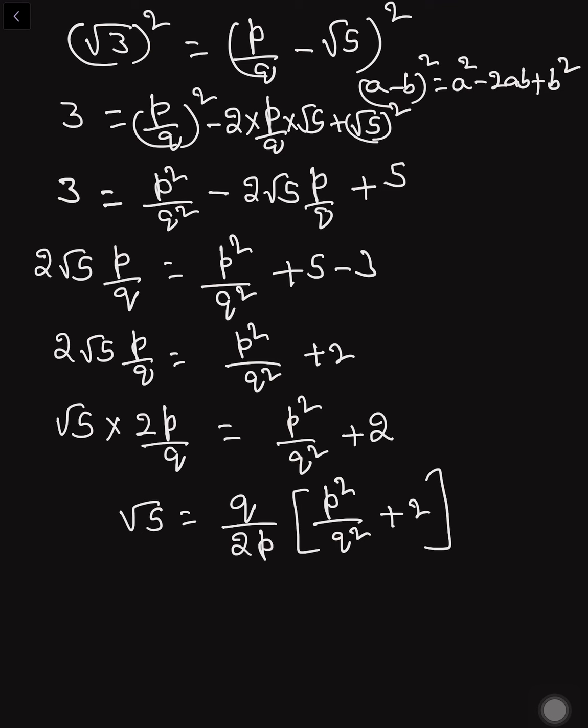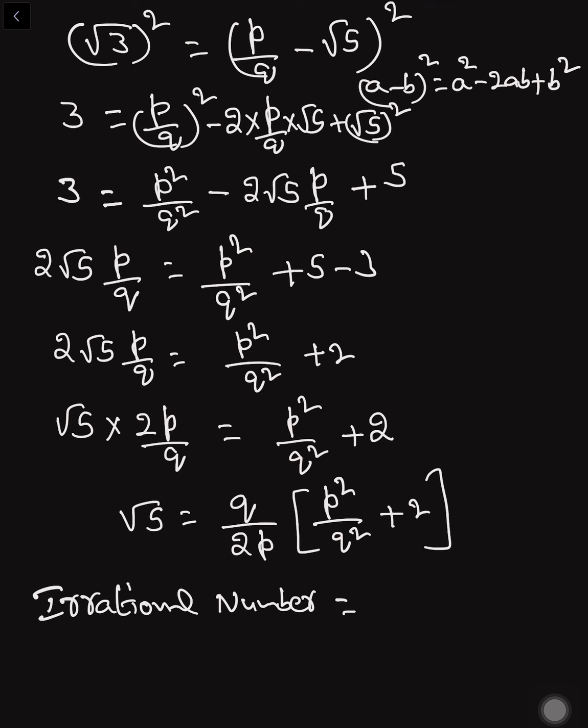Remember, root 5 is an irrational number. So the LHS is an irrational number. What is the RHS?